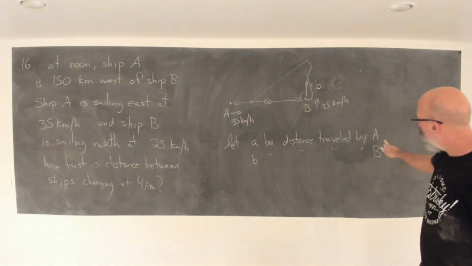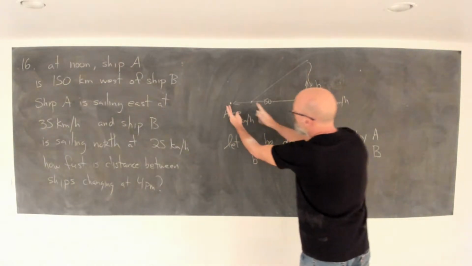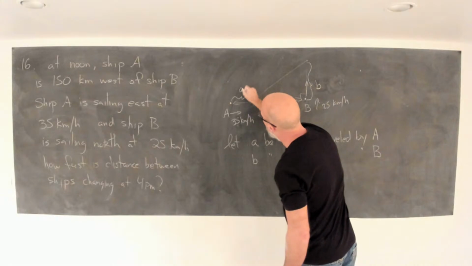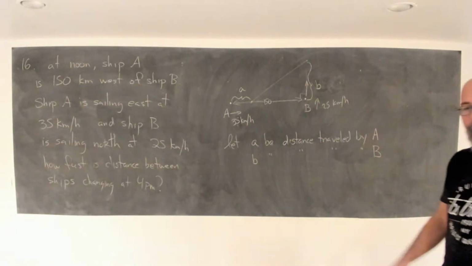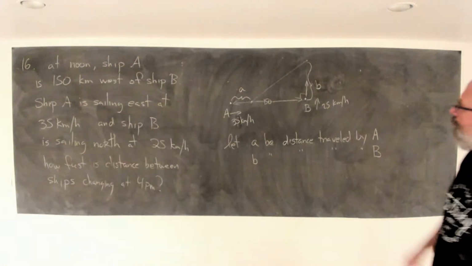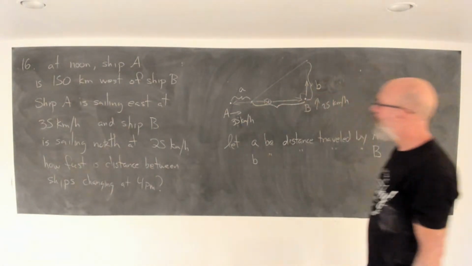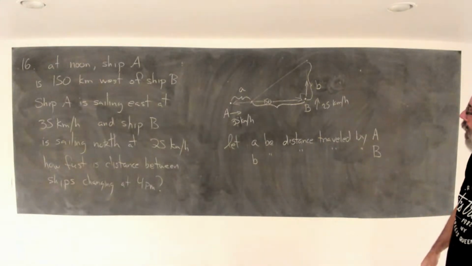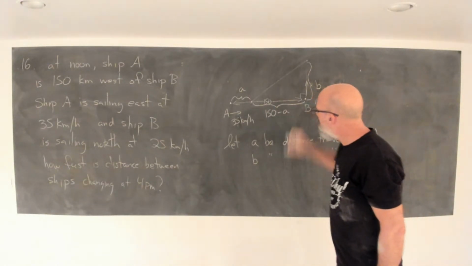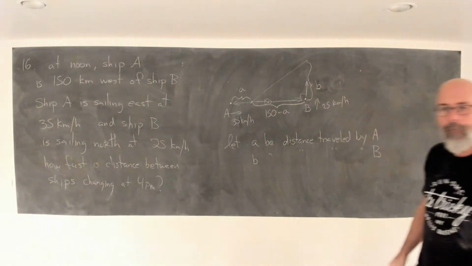A is the distance traveled by ship A, so big ship A is going this way. So this side must therefore be 150 minus a, because the whole thing is 150.